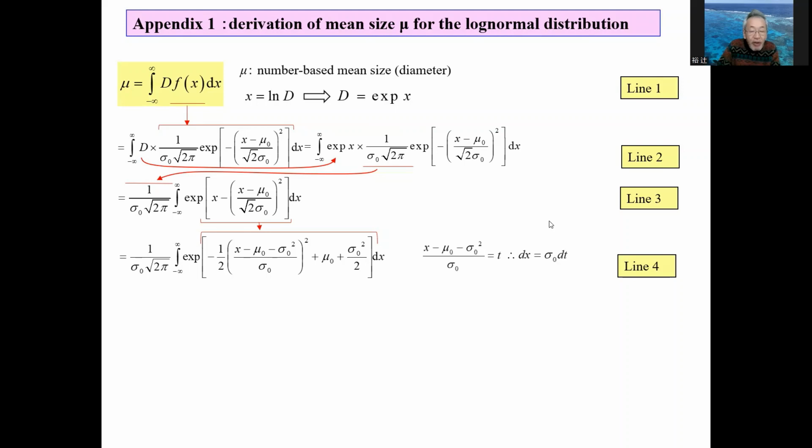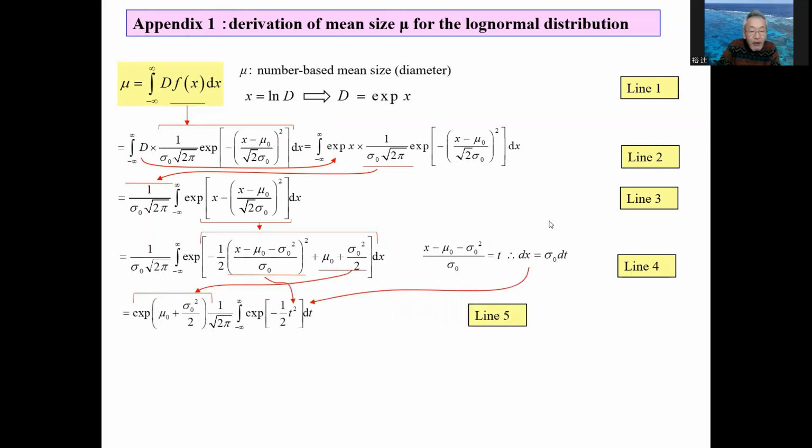As shown on the right side of this equation, let's put x minus mu 0 minus sigma 0 squared over sigma 0 as the new symbol t and replace x with t. Then, as shown on the fifth line, we can transform the integral over x to the integral over t.